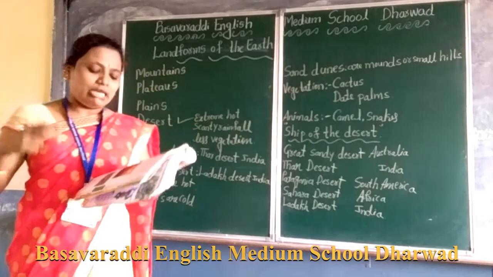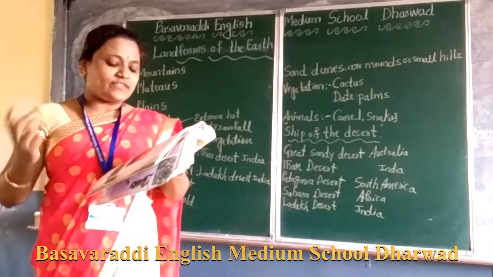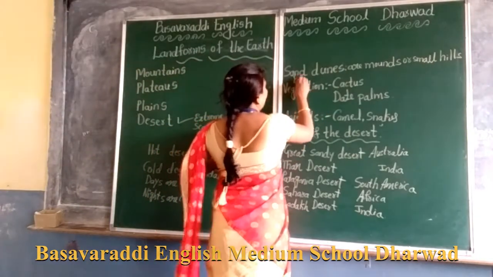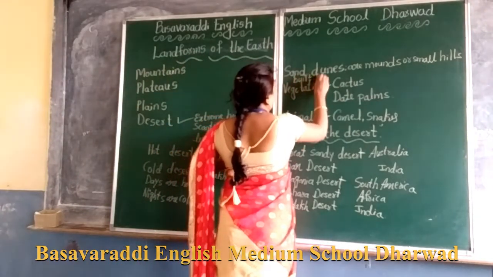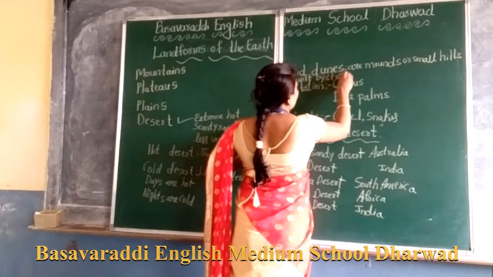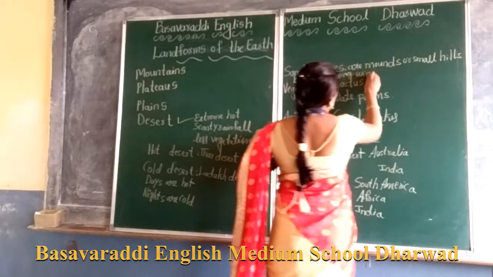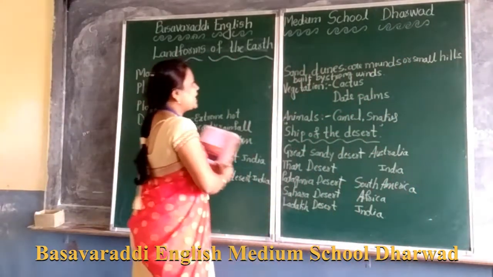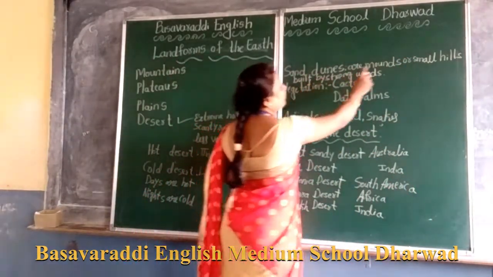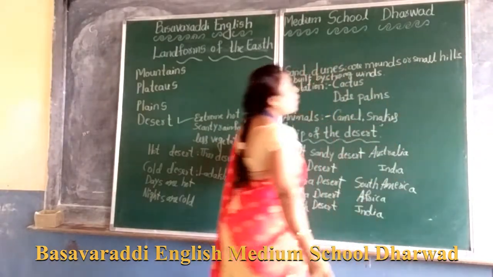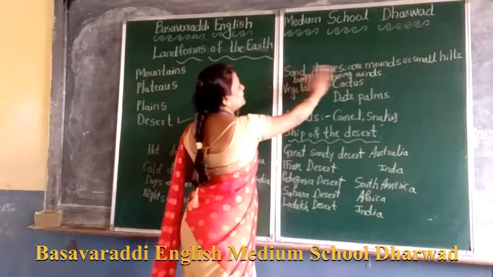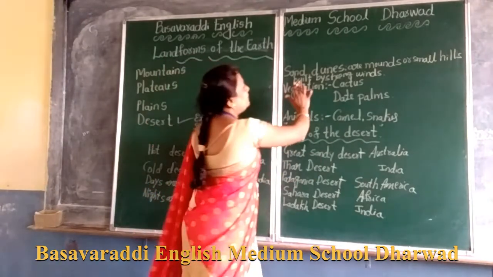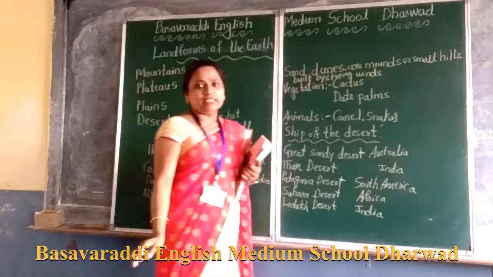Sand dunes are mounds or hills of sand built by strong winds. These sand dunes or sand hills are built by strong winds.